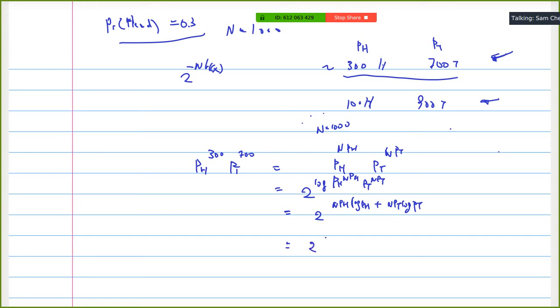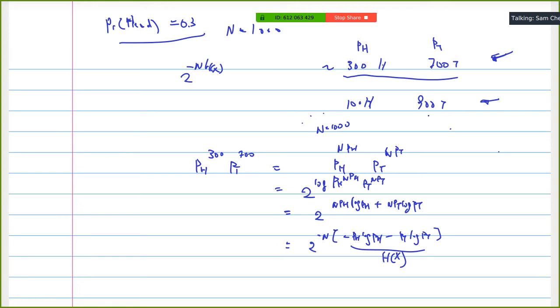Okay, yes, that's correct. So I have minus n times minus p head log p head minus p tail log p tail. This is just the entropy, right?